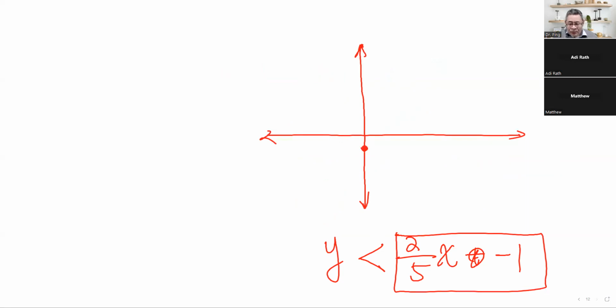Okay, then 2/5. So we go 5, 1, 2, 3, 4, 5, then go up by 2, 1, 2. Then we draw the line. Put a dashed line. That gives us this. And it's less than, so it has to be shaded below that.